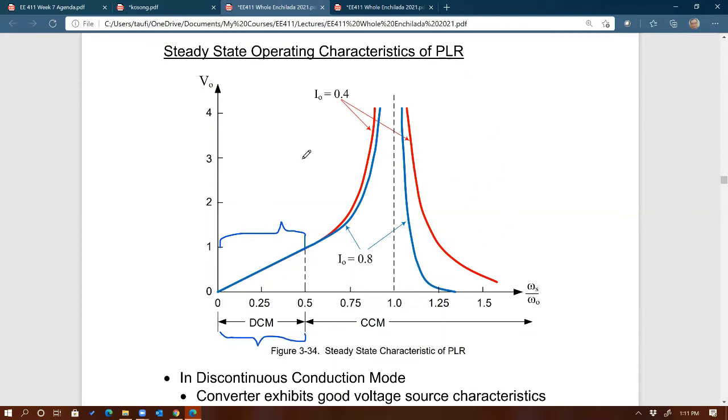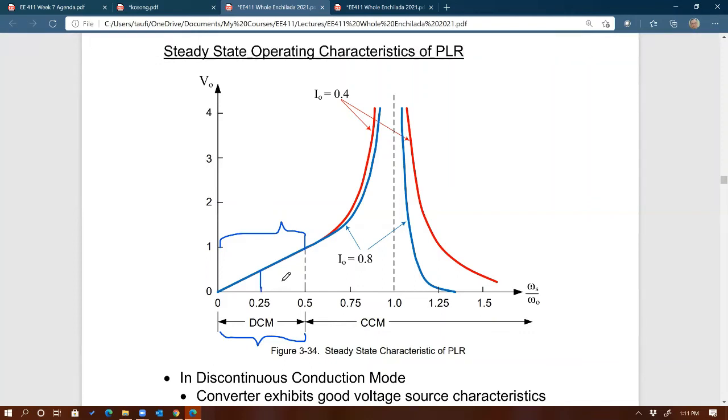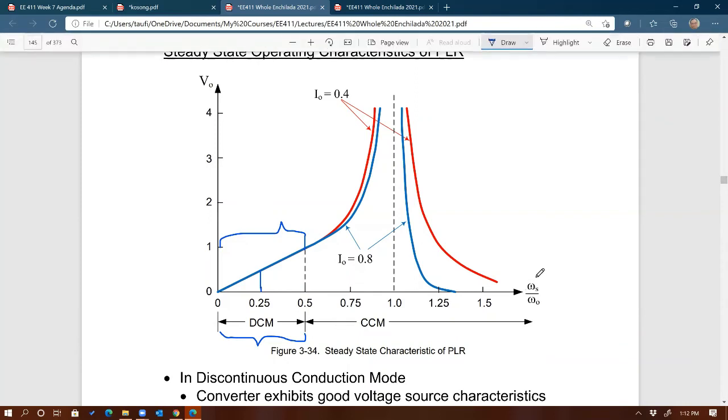Well, let's say you are running at 0.25, okay? 0.25 is easy right there. 0.25 ratio. So that's the ratio again of switching frequency over resonant frequency right there, right?